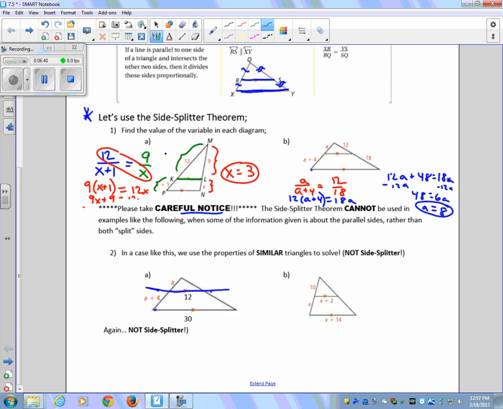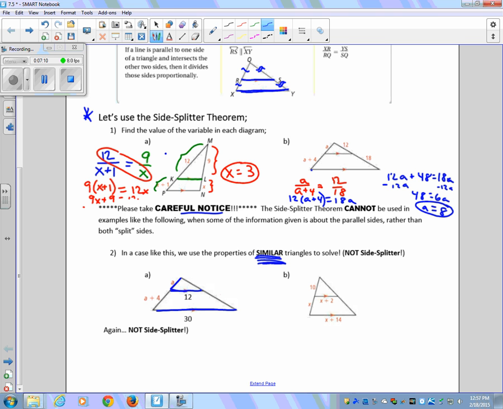If you extend that parallel line, we've got A over A plus 4, but we've got nothing over here. When you've got nothing over there, you can't use the side splitter theorem. Here, they've given you information about the parallel sides, not about the split sides, or at least one split side. So in this case, you have to treat it just like we did with the similar triangles before.